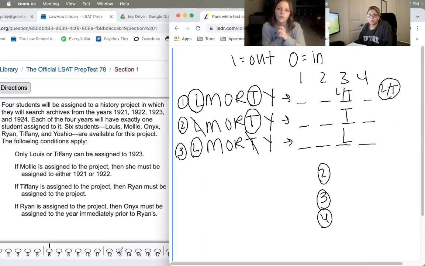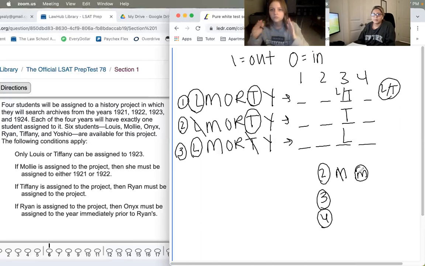I guess all of them could go in 1 or 2. Could it also not be selected? Yeah, because it says if. So if I'm just focusing on the circle slash part of it, I basically have M slashed or M circled. One or the other, right? We'll worry about the placement of M in a second.